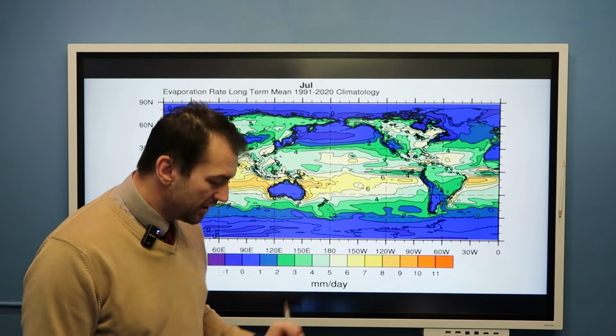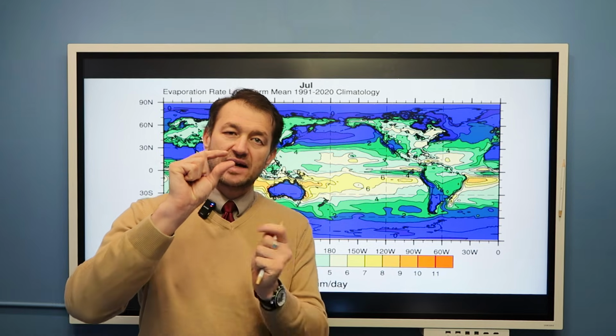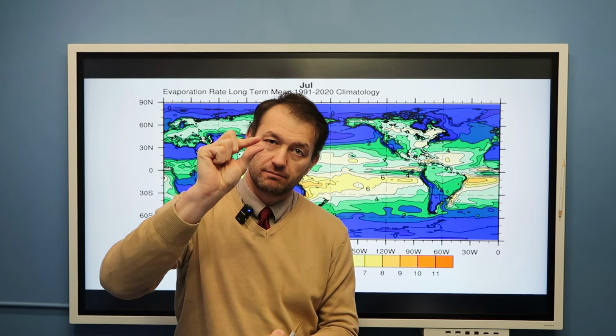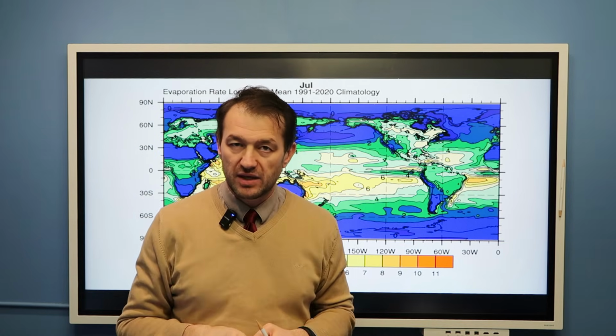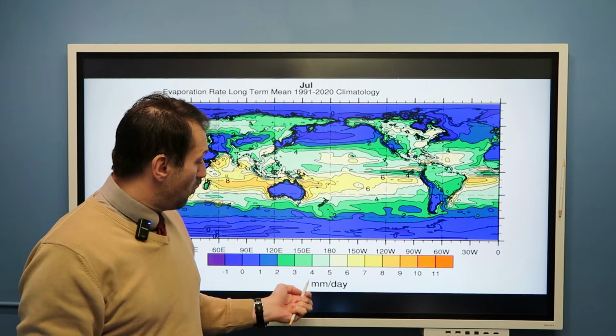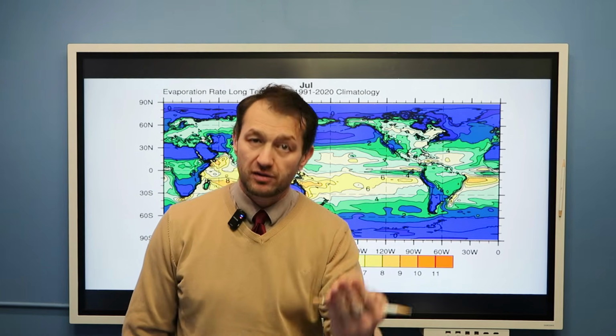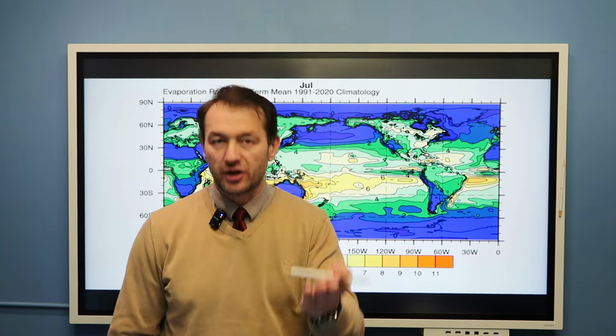What we mean by millimeter here is that it is a column of water 1 millimeter thick over 1 square meter. 1 millimeter of water spread over 1 square meter is also 1 liter of water. And 1 liter of water is also 1 kilogram of water.